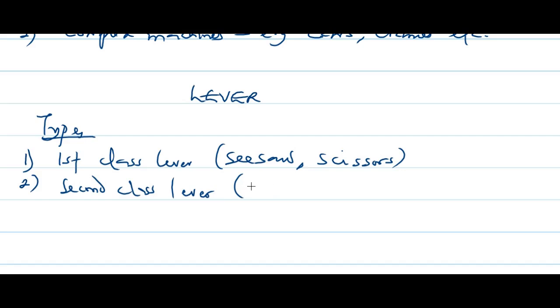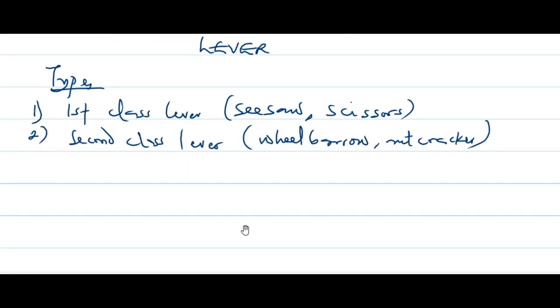Examples of second class lever, we have wheelbarrow, then we have nutcracker. So, it's important you know the examples we have under each class of lever, all right? Seesaw and scissors are under first class. Wheelbarrow and nutcracker are under second class lever.